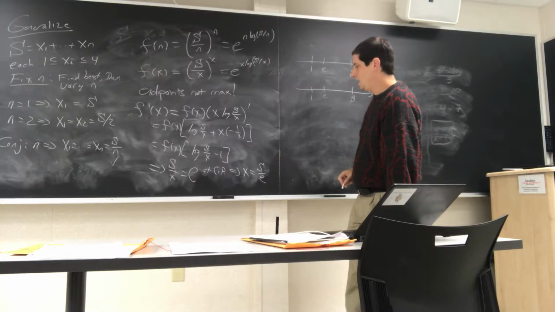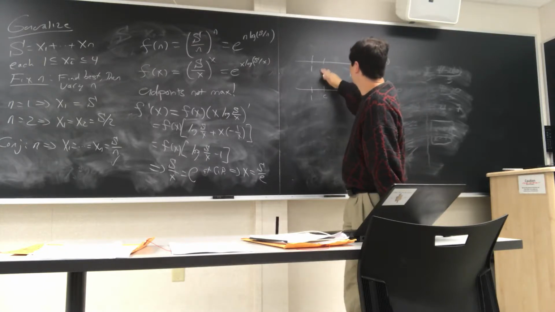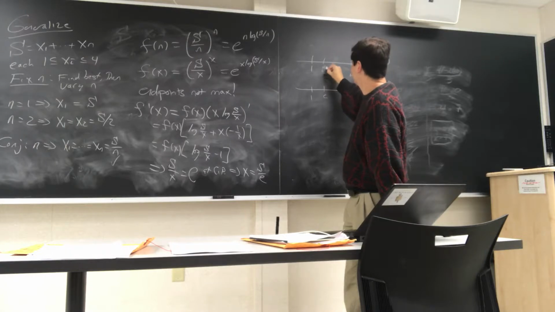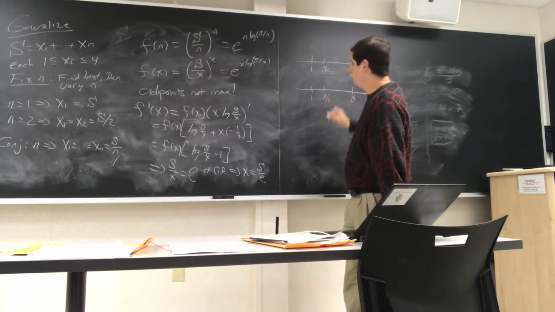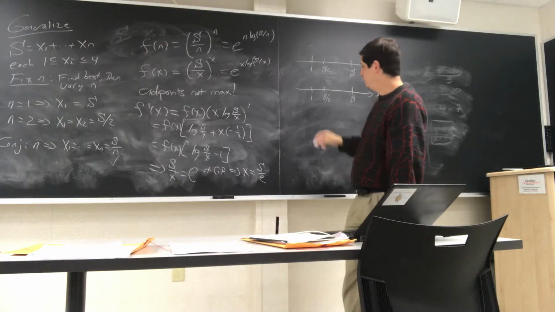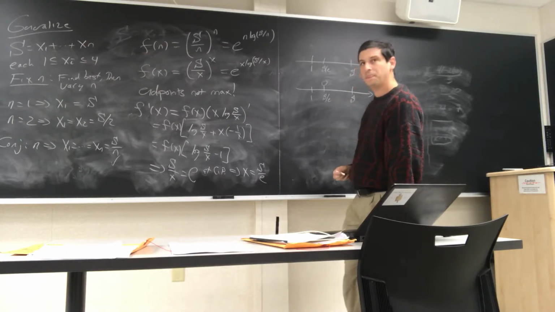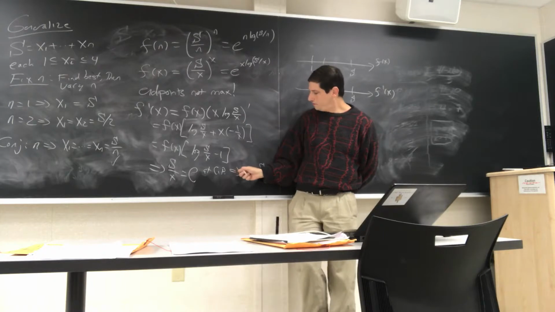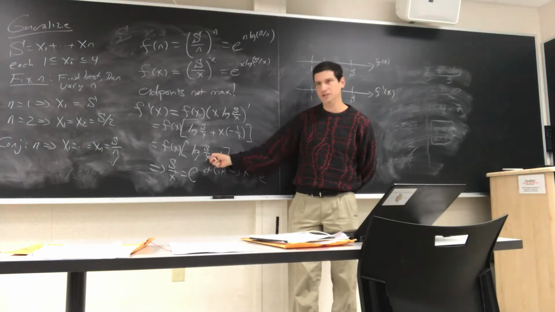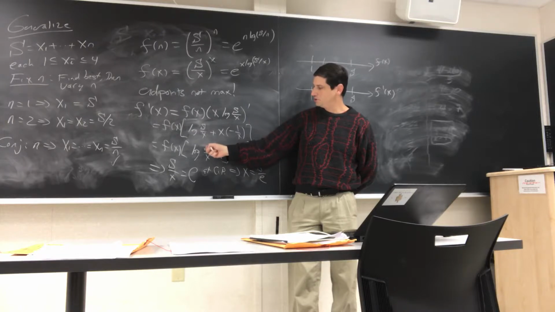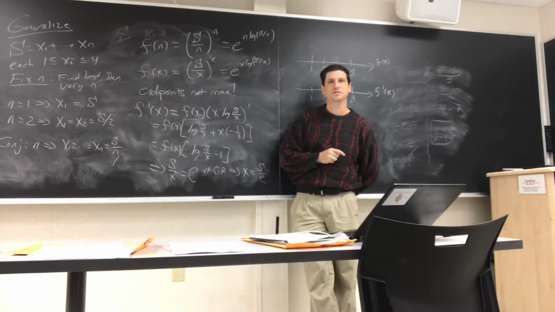When x, or is it s over e? I guess it's s over e. What is the first derivative at s over e? It's 0. What if x is less than s over e? If x is less than s over e, what can you say about the log of s divided by x?